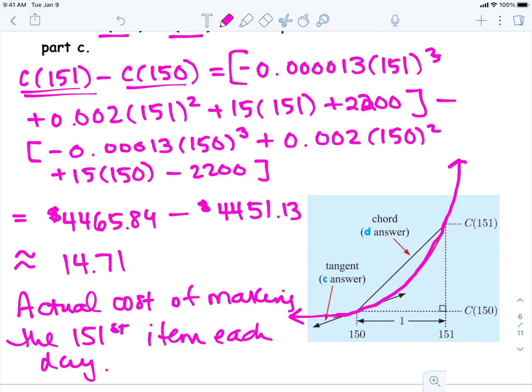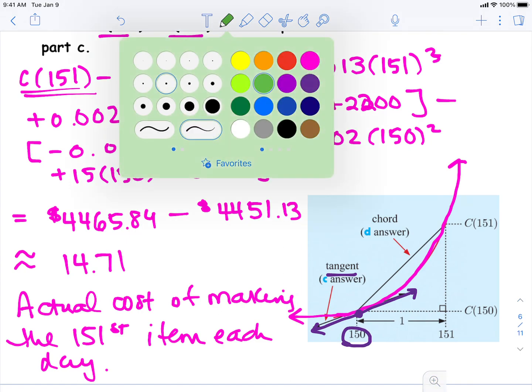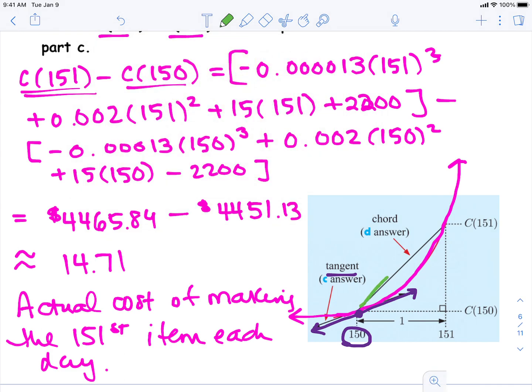And then we have our tangent line, and that would be the answer at 150. And then notice this is the chord, the distance between those two points, for answer D.